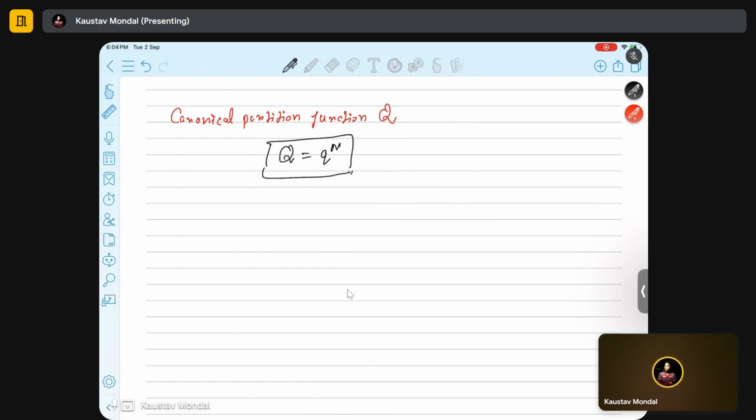This relation is true only for distinguishable particles.